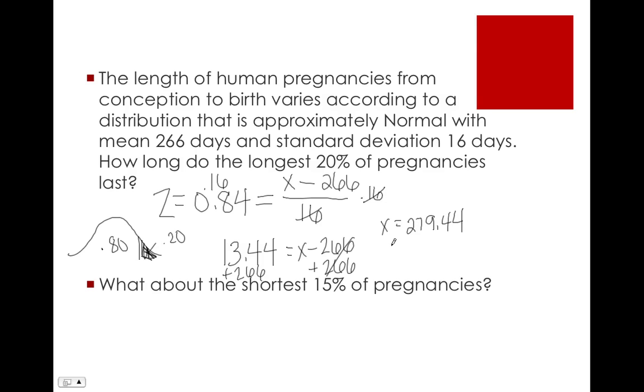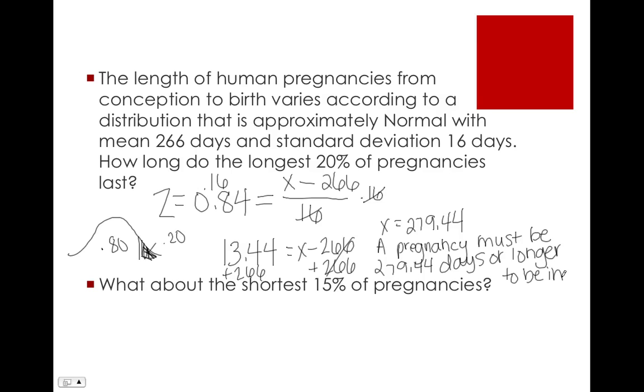So my answer in context, a pregnancy must be 279.44 days or longer to be in the longest 20%.